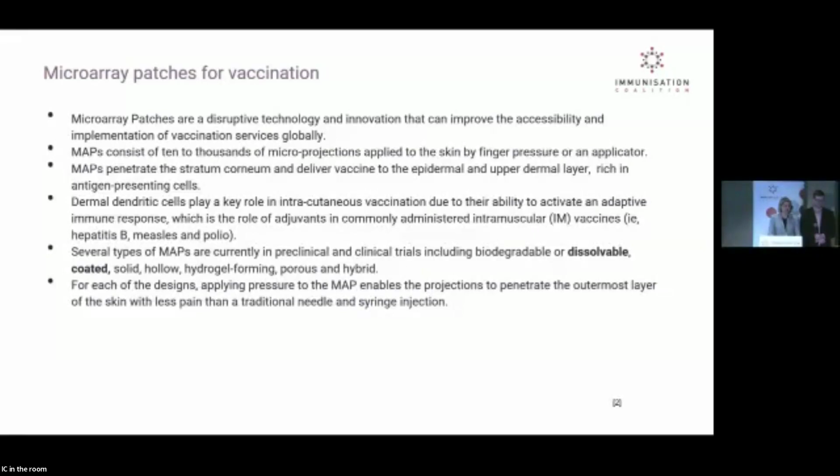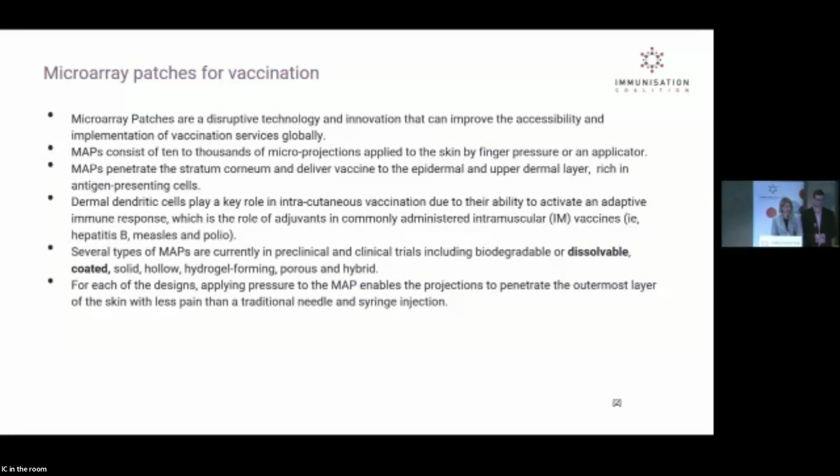So they penetrate the stratum corneum and deliver vaccine to the epidermal and upper dermal layer, which of course are rich in antigen-presenting cells. And the dermal dendritic cells play a key role in intracutaneous vaccination due to their ability to activate an adaptive immune response, which is the role of adjuvants, as we know from our earlier speaker, in commonly administered intramuscular vaccines.